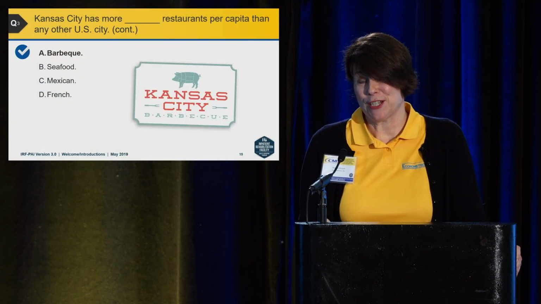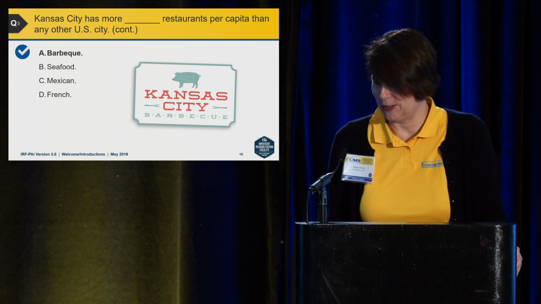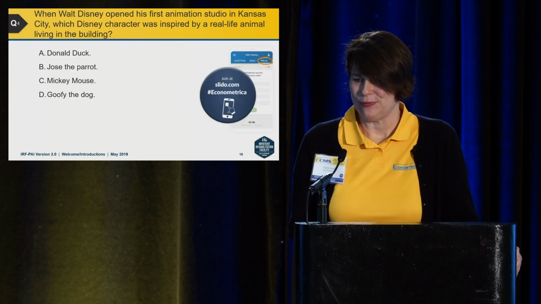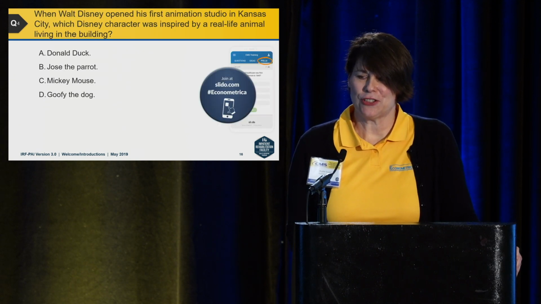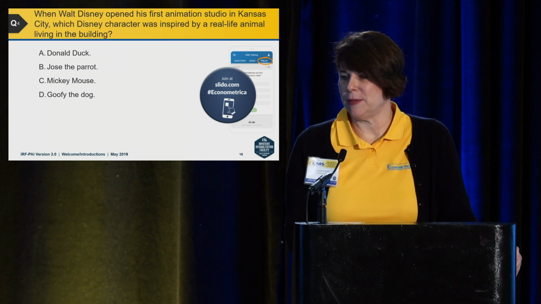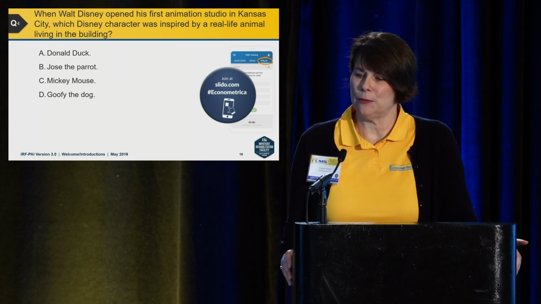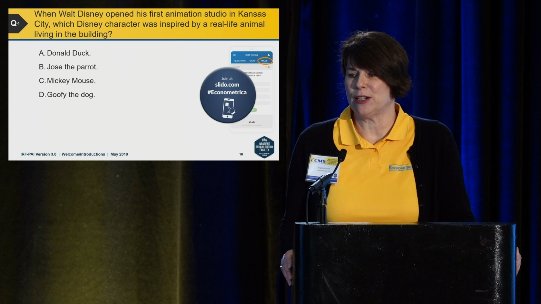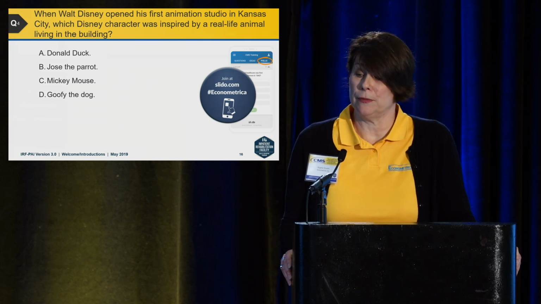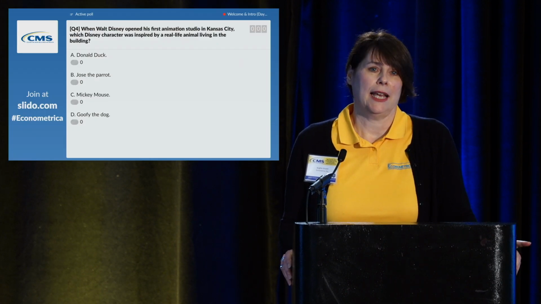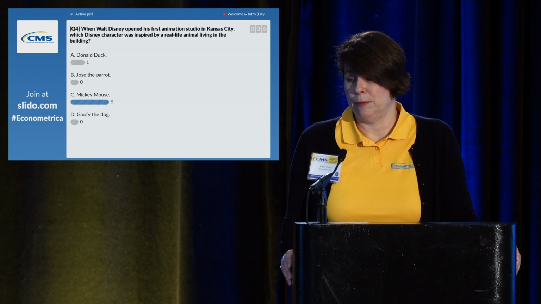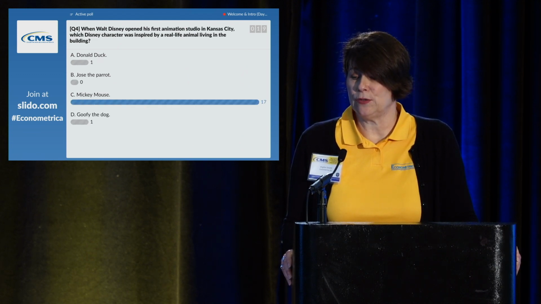And I can vouch for that, having gone to a barbecue place earlier this week. Okay, next question. When Walt Disney opened his animation studio in Kansas City, which Disney character was inspired by a real-life animal living in the building? A, Donald Duck, B, Jose the Parrot, C, Mickey Mouse, or D, Goofy the Dog?